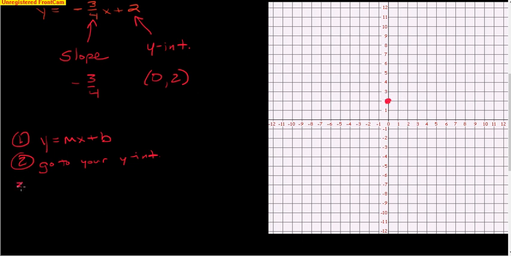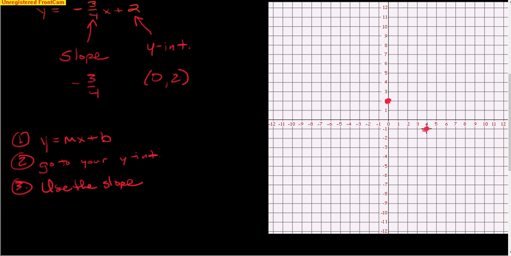Okay, number 3, use the slope. This is the whole reason why we put it into y equals mx plus b. I go here to my y-intercept, which I just did, and then I use my slope. Slope of -3/4 means down 3, right 4, and I put a dot where I end up.